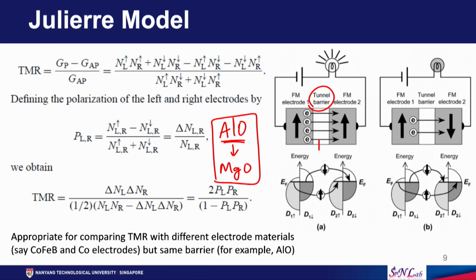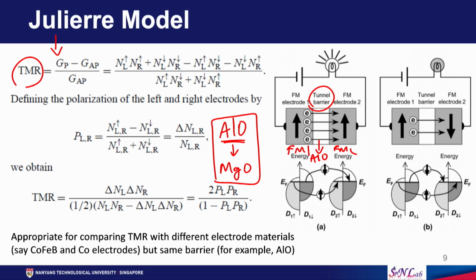It can be aluminum oxide or anything. The Julliere model is independent of the tunnel barrier. The TMR value that we get in the Julliere model depends only on ferromagnetic layers 1 and 2. It does not discuss the tunnel barrier. That is a drawback of this model.